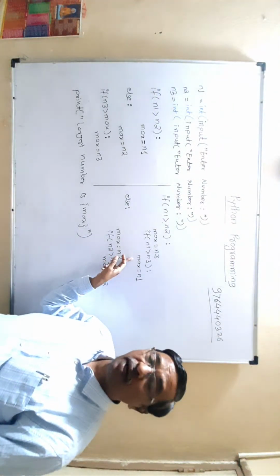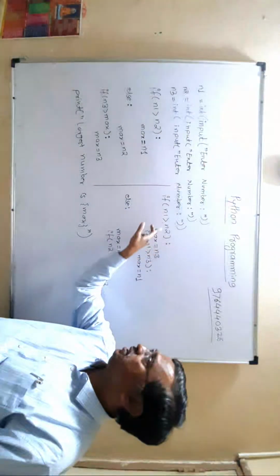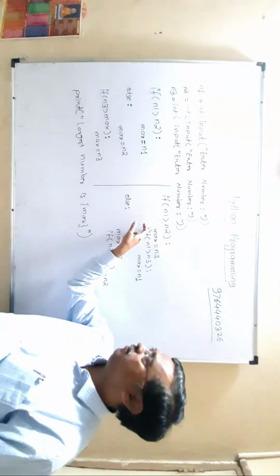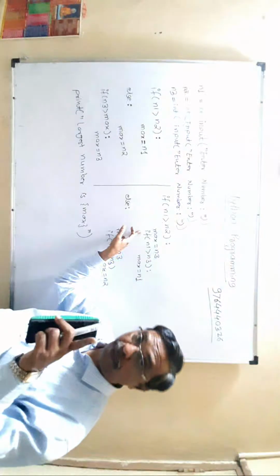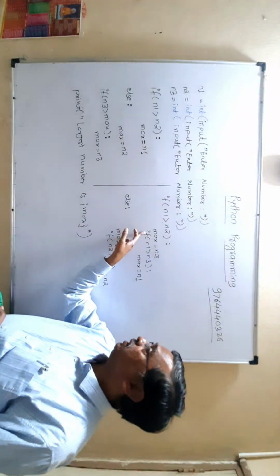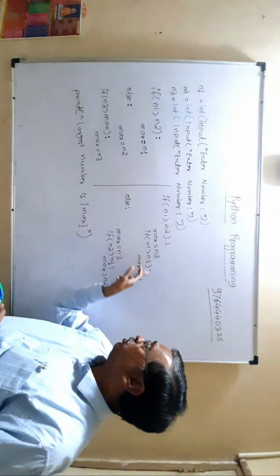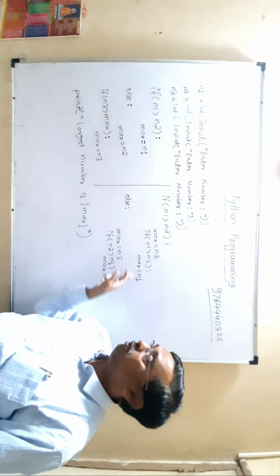Just to explain how indenting works. If n1 is greater than n2, if you press the enter key, the cursor will come here. If you write max equal to n3 and press enter, the cursor will come here. I am talking about PyCharm GUI. If n1 is greater than n3, colon, press enter, the cursor will come here, max equal to n1. Now we want to go back.